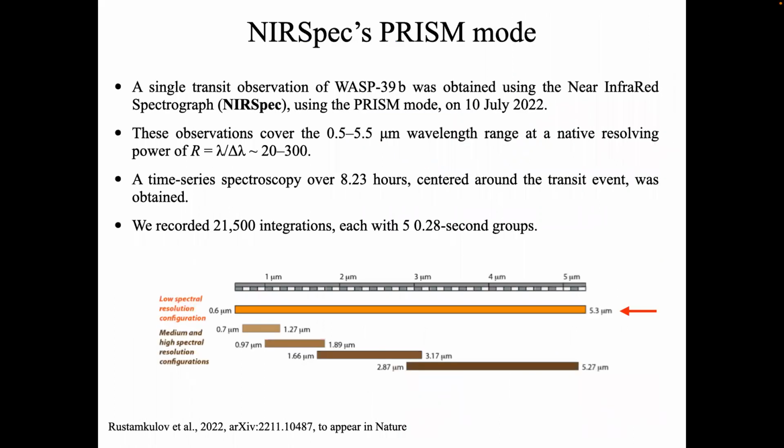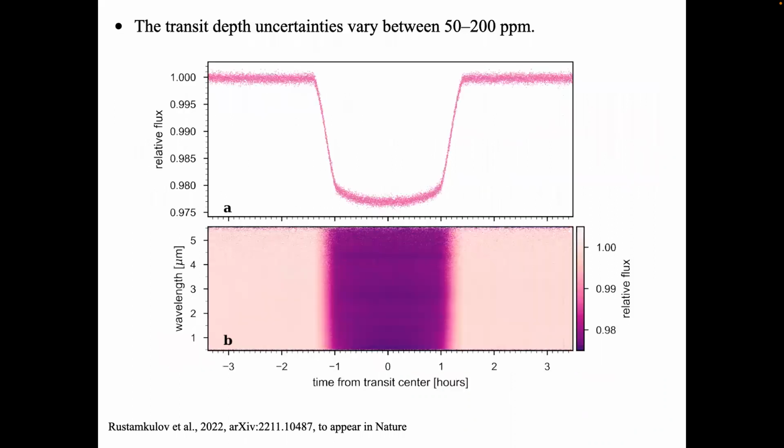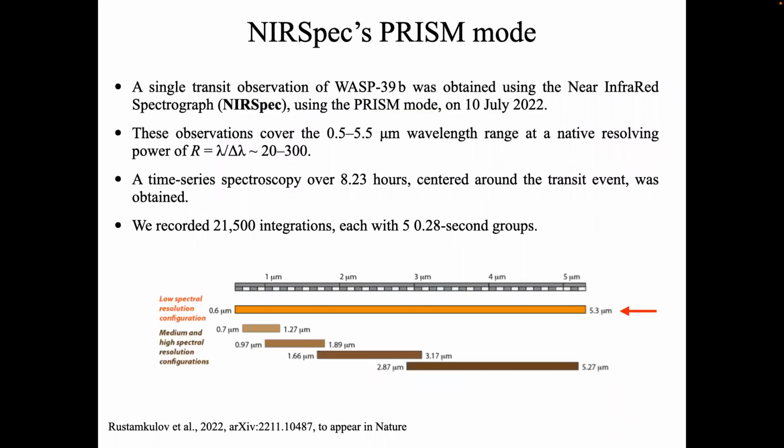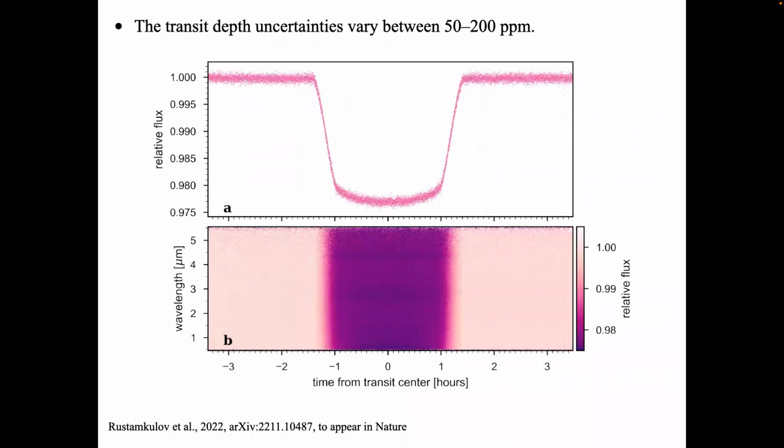Again, we used NIRSpec in this mode, the low resolution mode, covering the entire wavelength region of the instrument, and we recorded 21,000 integrations. So very nice white light curves with a lot of points.